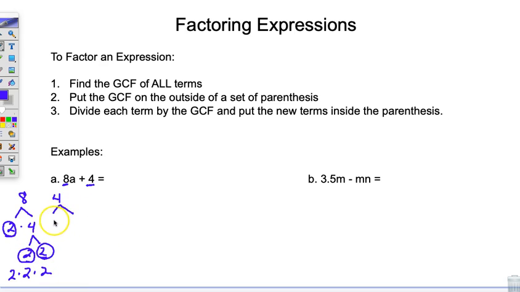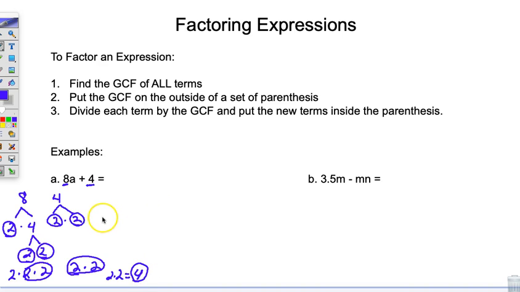Now let's break down 4. 4 can be broken down into just 2 times 2. So its prime numbers are 2 and 2. Let's see what they have in common. It looks like they have 2 2's in common. So if I multiply 2 times 2, I get their greatest common factor, which is a 4.